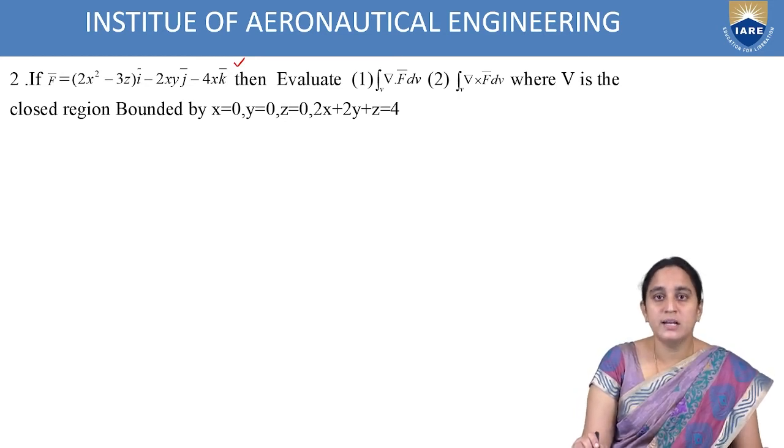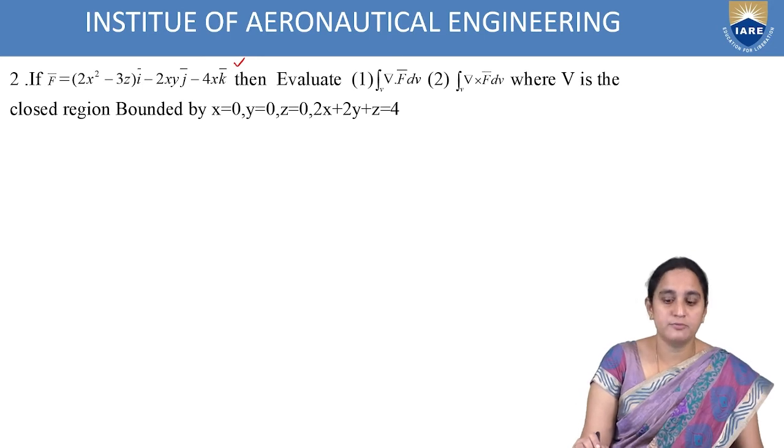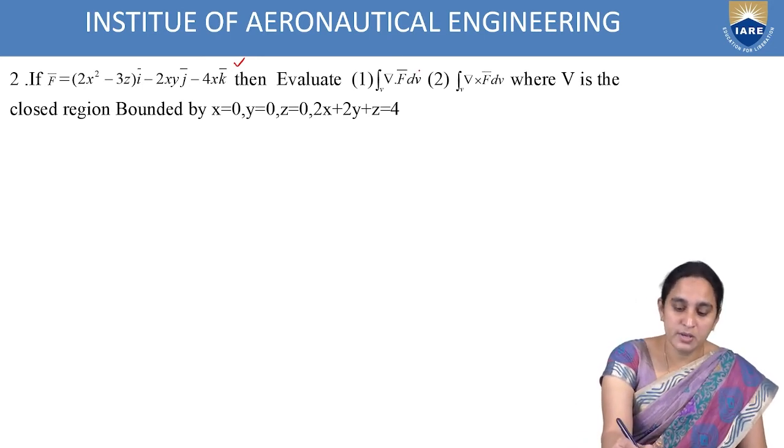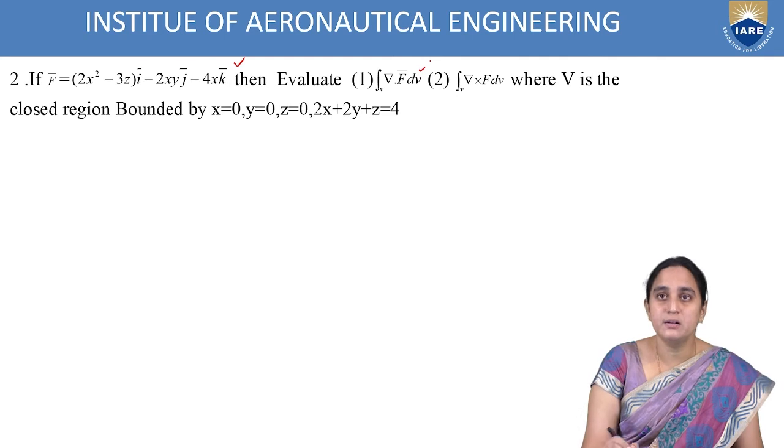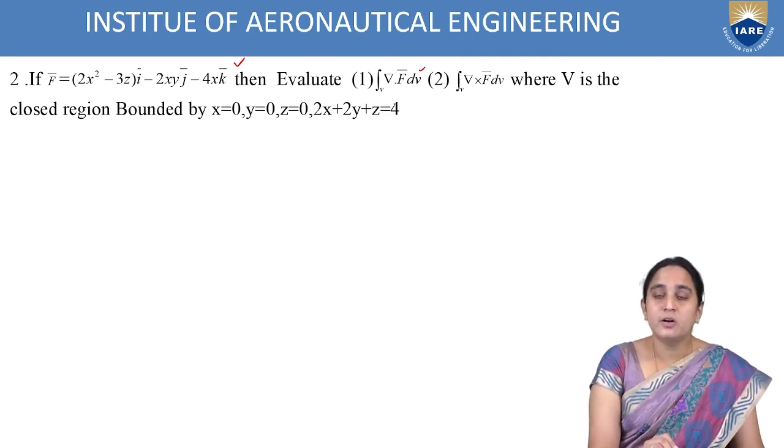What is del? Del means i bar into dou by dou x plus j bar into dou by dou y plus k bar into dou by dou z. That is also in the vector form. And what about dv here? dx, dy, dz.